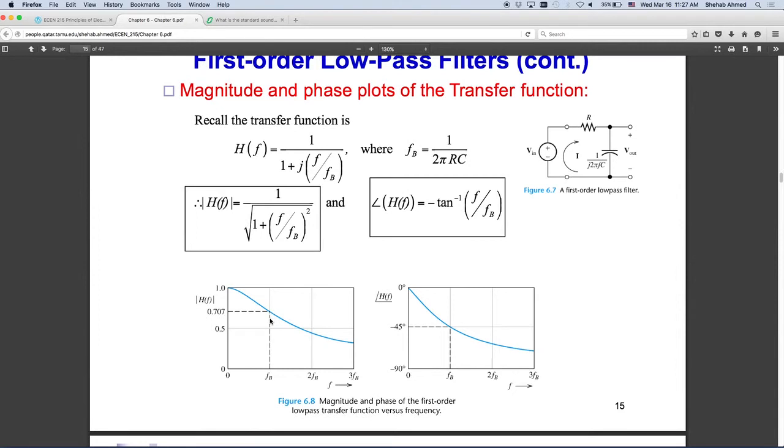So FB is typically a sort of break frequency, meaning before FB is your pass band. So before FB, everything will pass with a high magnitude. After FB, the magnitude of the signal is attenuated considerably. That's significant.